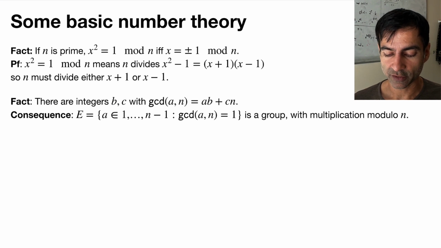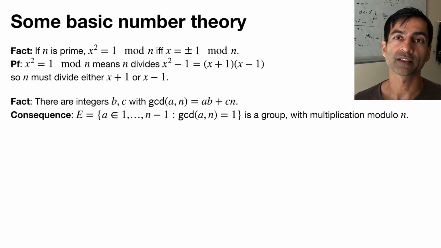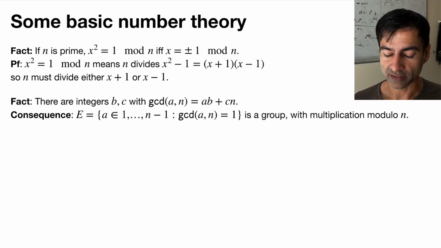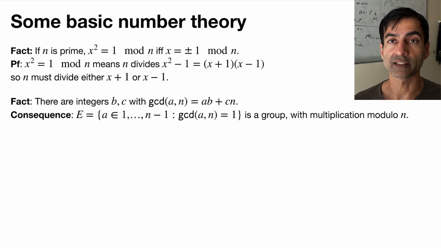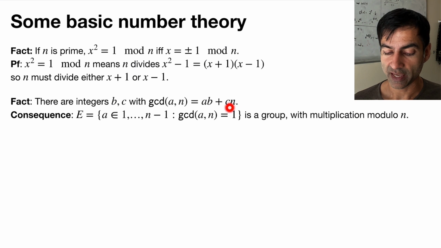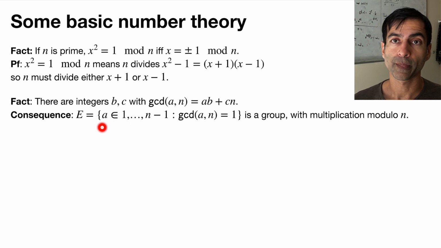Okay, so another useful fact that comes from Euclid's greatest common divisor algorithm is that the greatest common divisor of a and n can be expressed as a linear combination of a and n with integer coefficients. And this means that the set of numbers that are relatively prime to n is a group.